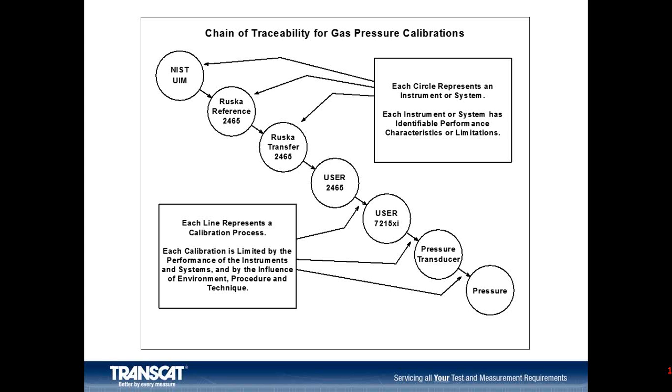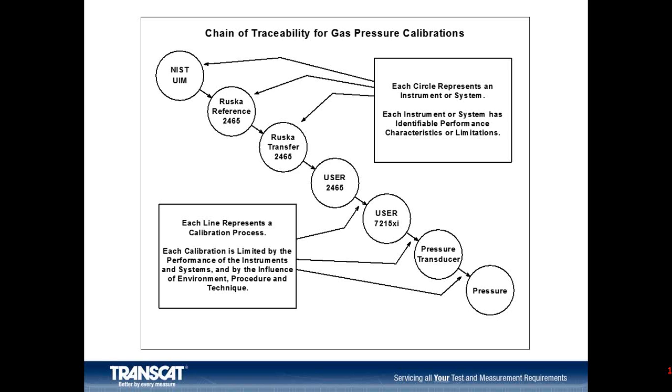In this diagram, each circle represents an instrument or a system, a collection of instruments, and each of those has identifiable characteristics, performance limitations, linearity, repeatability, hysteresis, like that we spoke of a minute ago. Those represent a limitation at each respective level in the process and contribute to the errors that accumulate as you move down the chain.